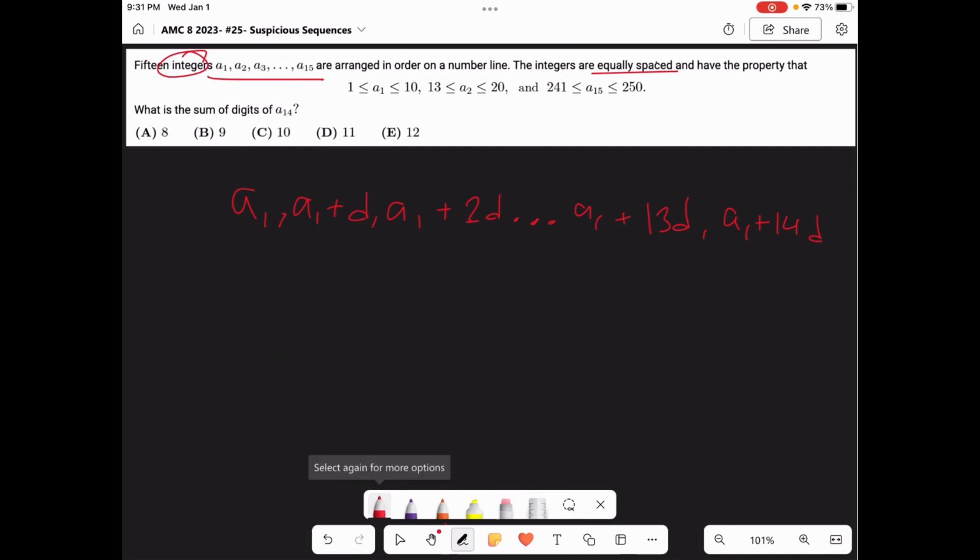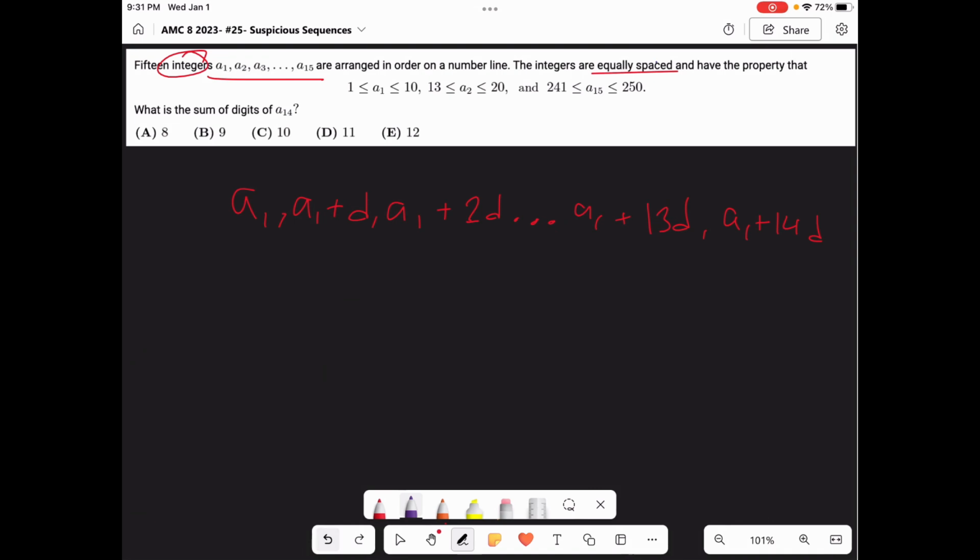So now what can we do with this piece of information? Well, here we can realize that A15 is nothing but a multiple of 14, plus that A1. So if we get rid of that A1, we can easily find the common difference by using this factor rule. So how would we do this? If we needed to subtract A1 from this A15, we just need to find the minimum and maximum possible values.